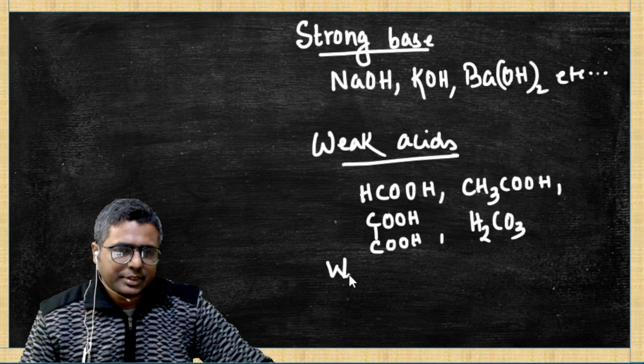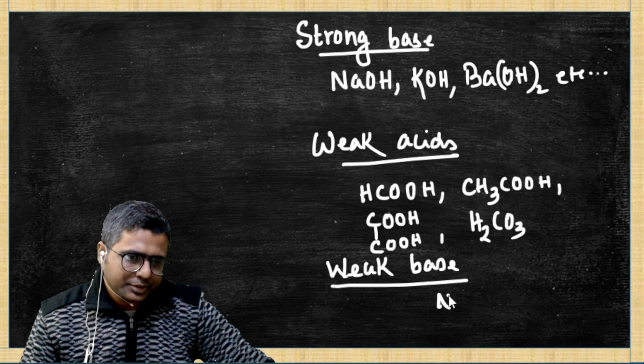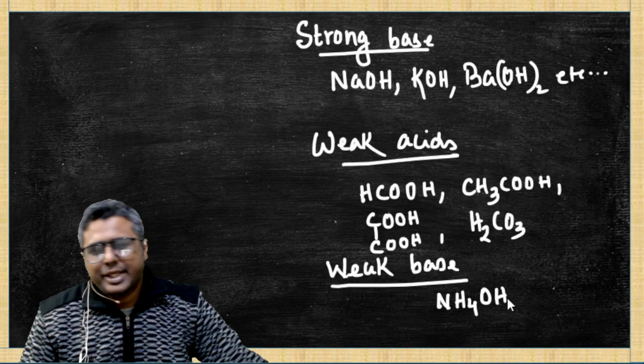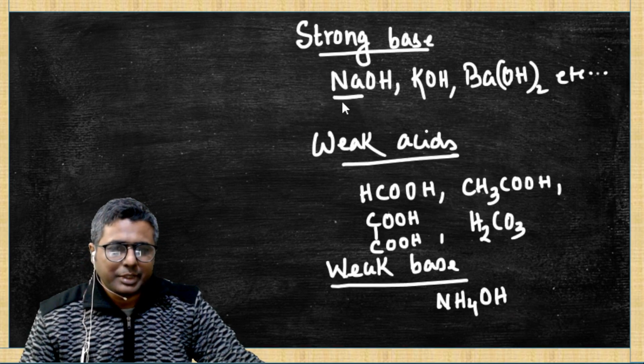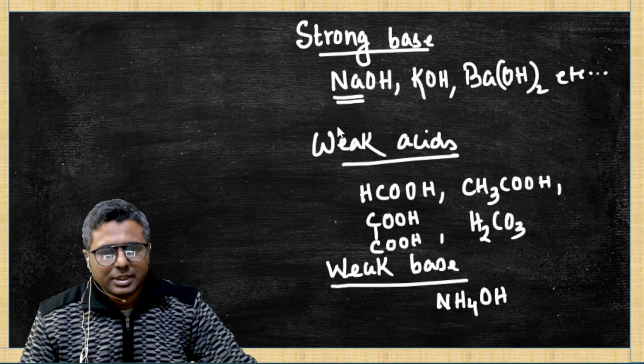Weak base, classical example of weak base is NH4OH, ammonium hydroxide is a weak base. So any metal which is much metallic, its hydroxides will be a strong base. If it is not that much metallic, then its hydroxide will be a weak base.